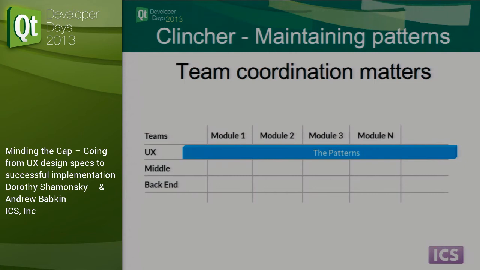As you can see in this diagram, the patterns go across the entire UX. But if you've divided your development work into modules or slices, then it's really important for the developers to all be on the same page in terms of how they're representing those patterns.